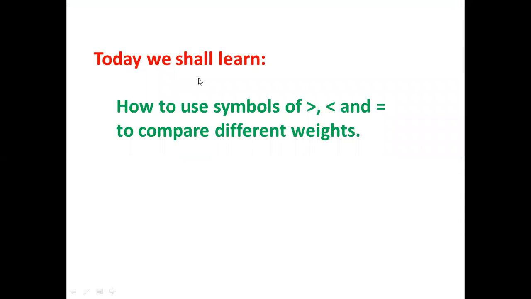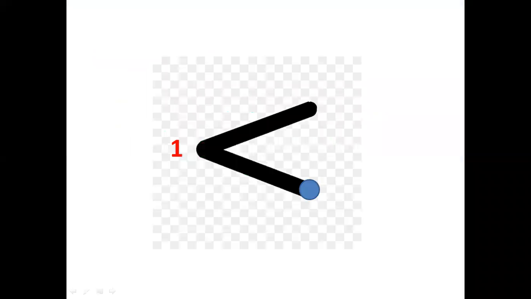So today we shall learn how to use symbols of greater than, smaller than and equal to compare different weights. You're already familiar with these symbols, but I will explain it to you now. Look at this figure. One dot on this side and two dots on this side.